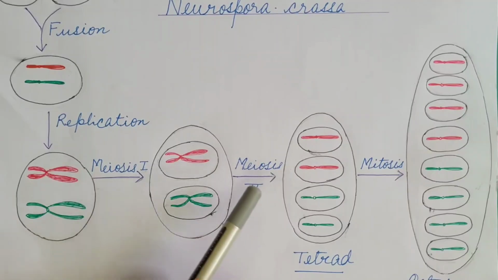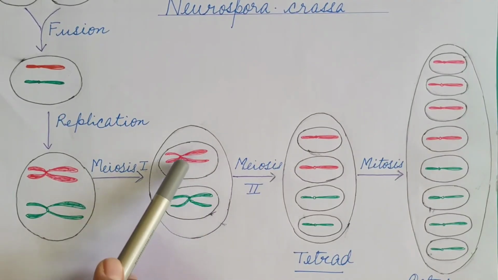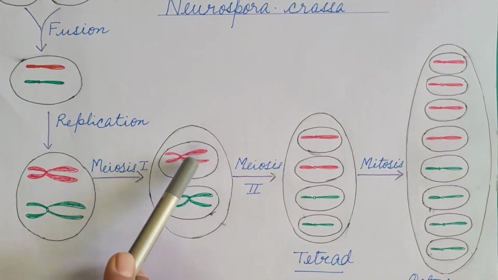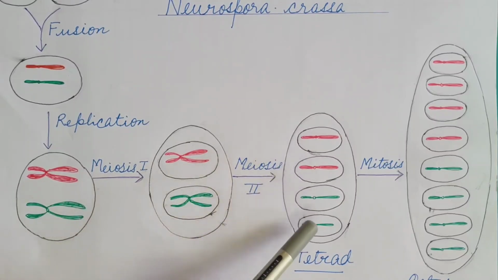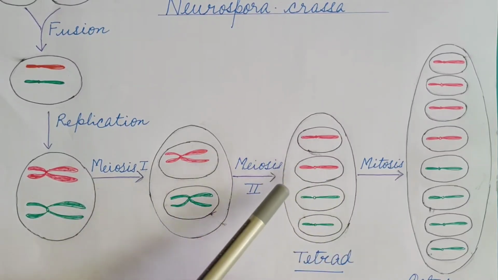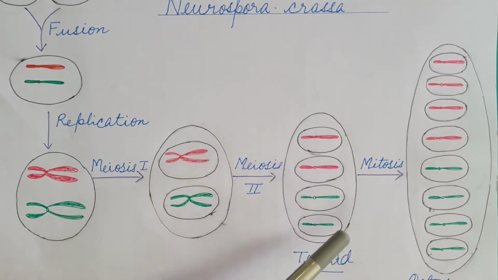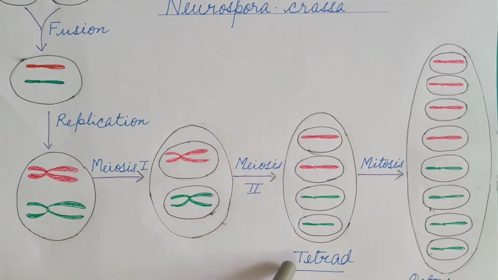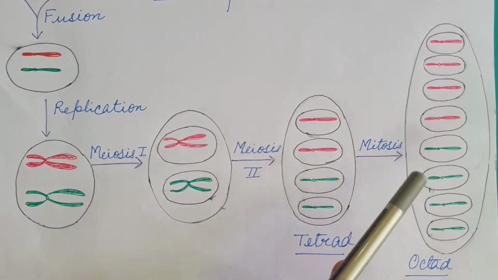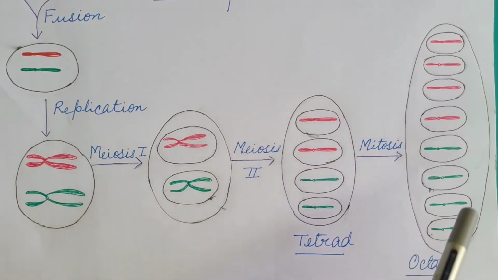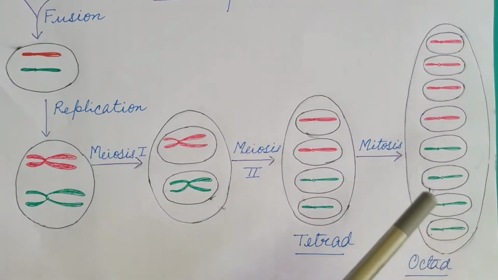This is followed by meiosis 2. The sister chromatids of the chromosome separate and we get four haploid cells known as spores that are contained in a sac-like structure. It is also known as a tetrad. It is then followed by mitosis and we get 8 haploid cells which are present in the sac-like structure or ascus. It is also known as an octad.